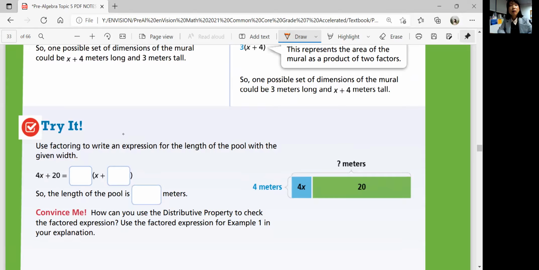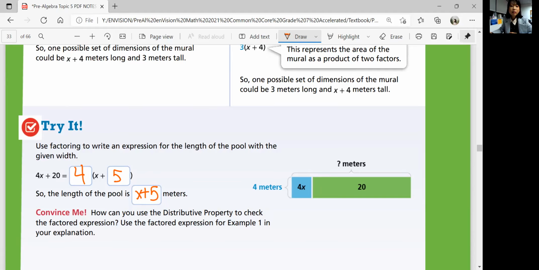So you can pull out 4 and then say 4x divided by 4 is just x. 20 divided by 4 is 5. So 4 times x is 4x. 4 times 5 is 20. Right? So the length of the pool, because the width is 4 meters, you're multiplying x plus 5, right? So the length of the pool is x plus 5. And your length could be an expression.